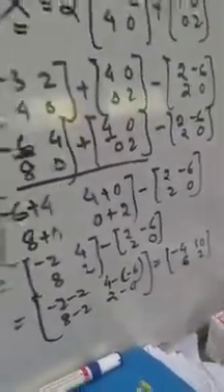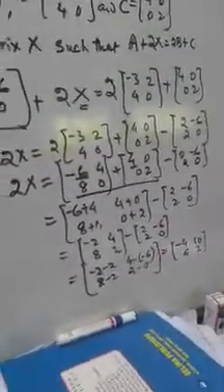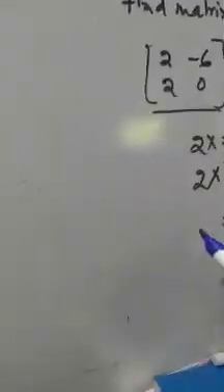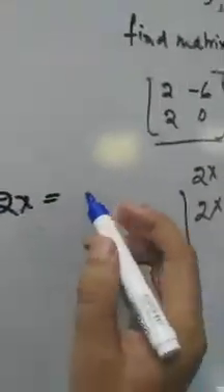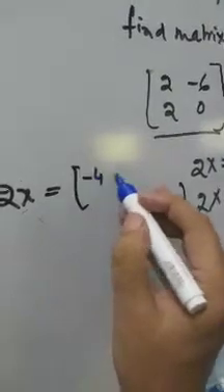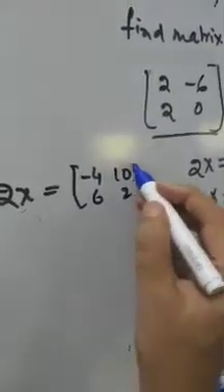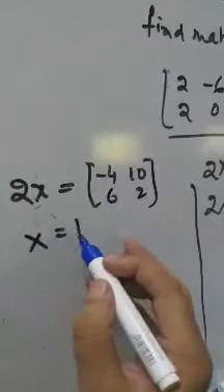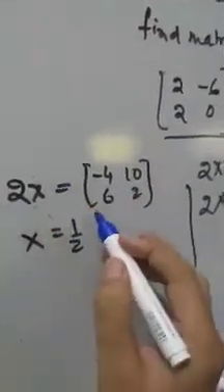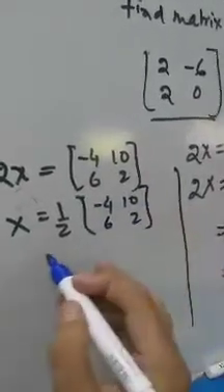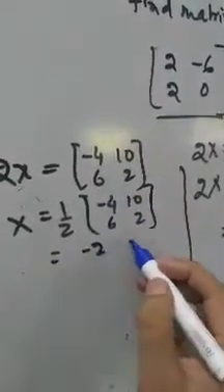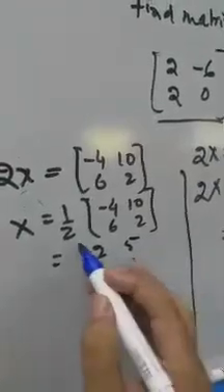Now here I have got 2X is equal to [-4, 10; 6, 2]. So X will be 1 by 2 times [-4, 10; 6, 2], since this 2 gets transferred here. Now you divide each element, so it will be [-2, 5; 3, 1]. So this is it.